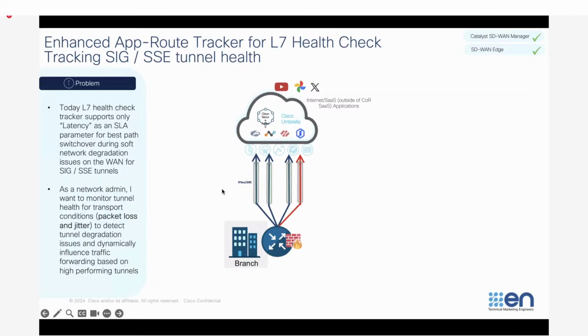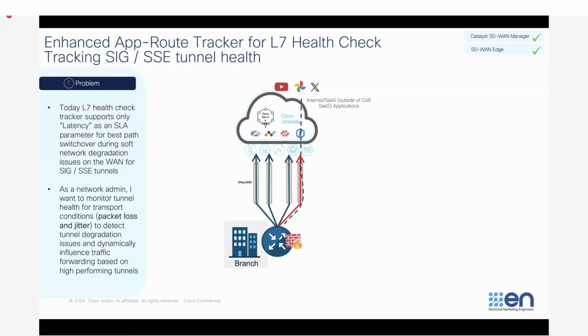However, we have seen customers coming back and requesting us to not only support latency, but what about the other network degradation conditions like packet loss and jitter? And with this release with enhanced app route tracker, we will monitor the tunnel health on these IPsec or GRE tunnels for packet loss, jitter, and latency. And we'll measure what is the best performing tunnel and put the traffic onto the best performing tunnels to these SIG providers or SSE providers.